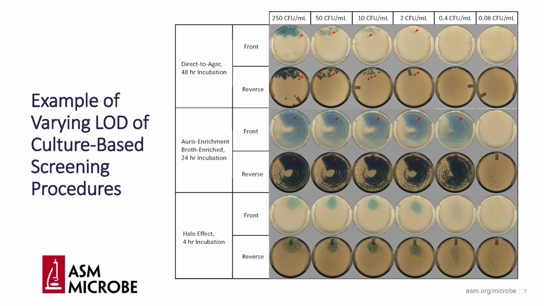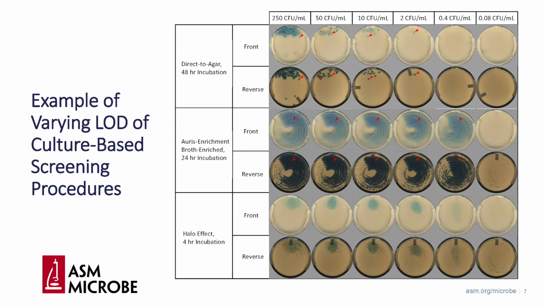And so the interesting thing about this feature is that there's potential for identifying C. auris in samples before the full 24-hour incubation, which is like the middle 2 rows shown there. The only thing that we noticed is that this halo effect wasn't consistent for all C. auris isolates.